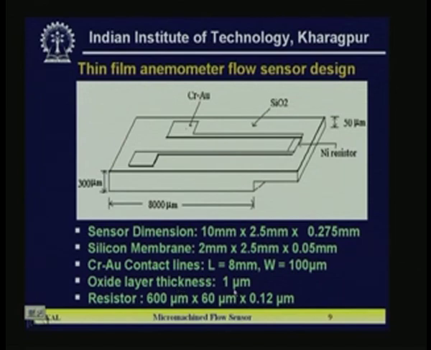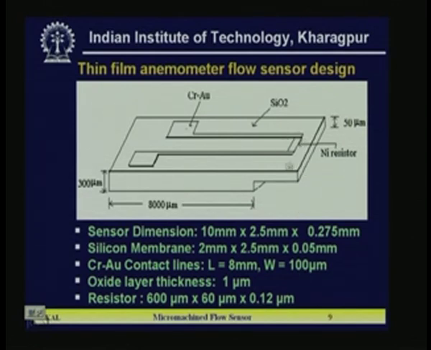Oxide layer thickness is 1 micrometer, which you can get by thermally grown oxide, and the nickel resistor is placed here. This nickel resistor is 600 micrometer in length and 60 micrometer in width and 0.12 micrometer is the film thickness.